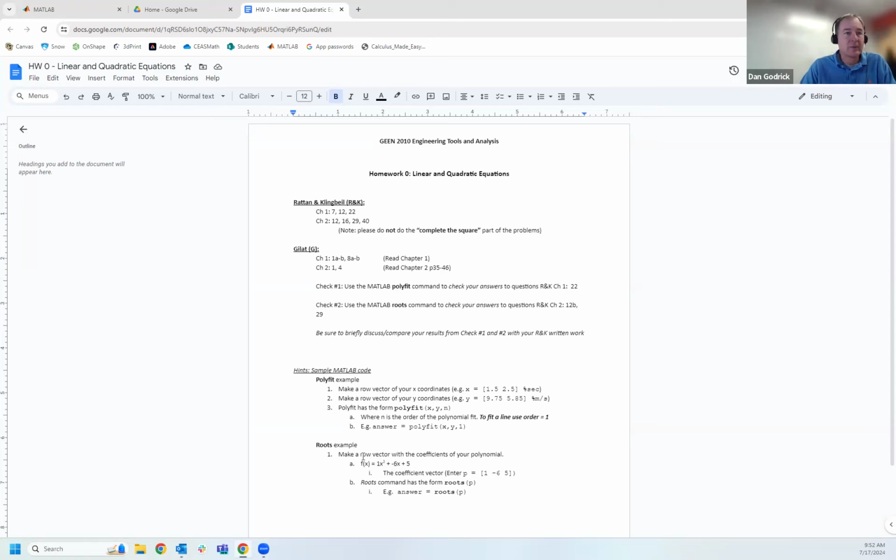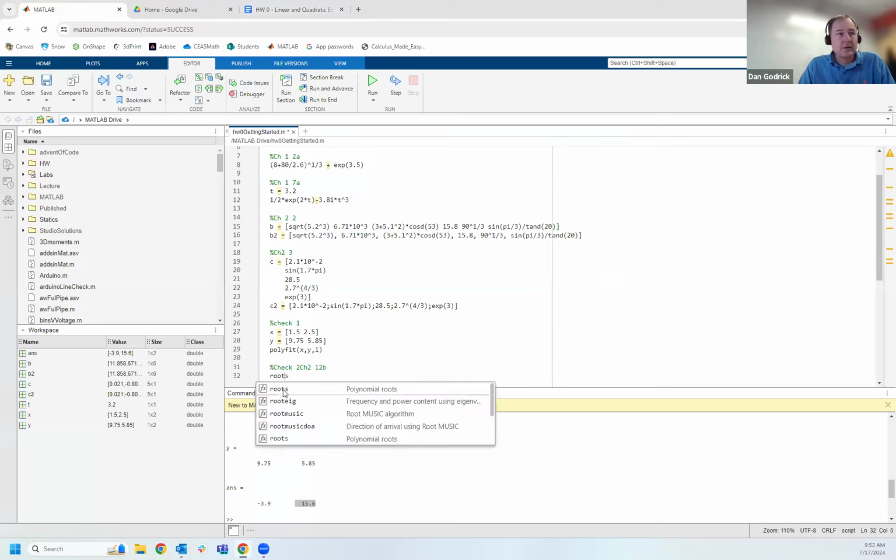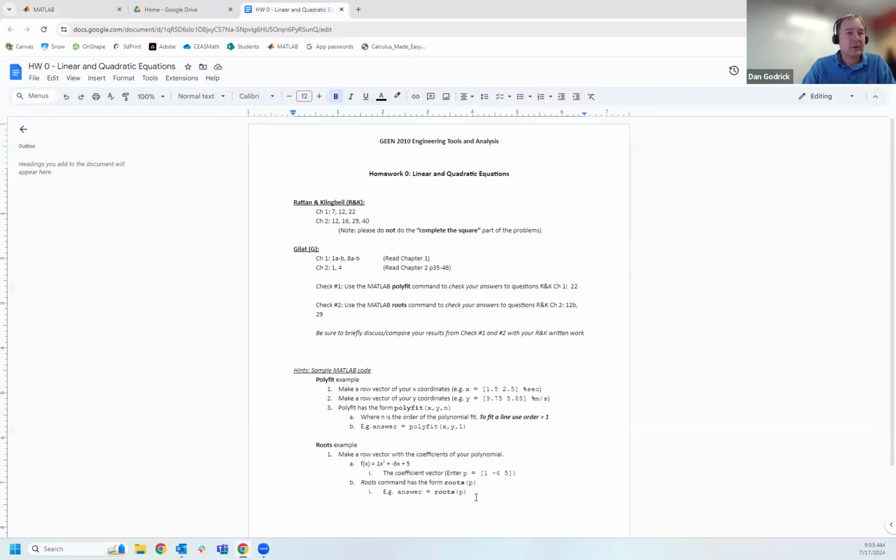Then you just do roots. This is the equation we used in class. So let's try this. Call it check 2 is equal to, and then we type in 1, minus 6, and 5.